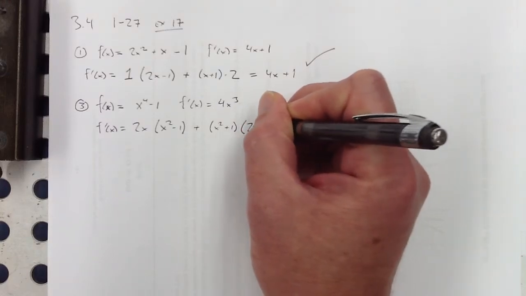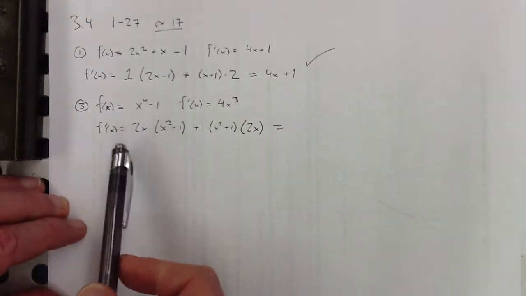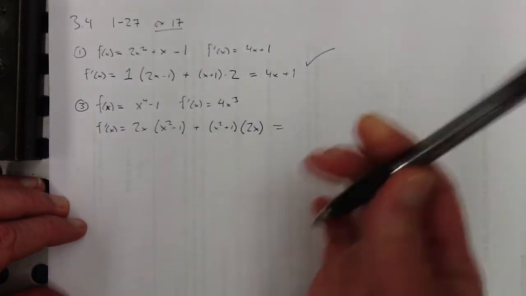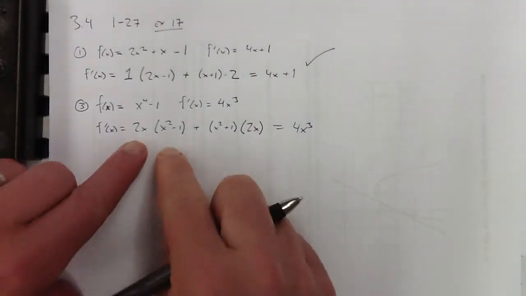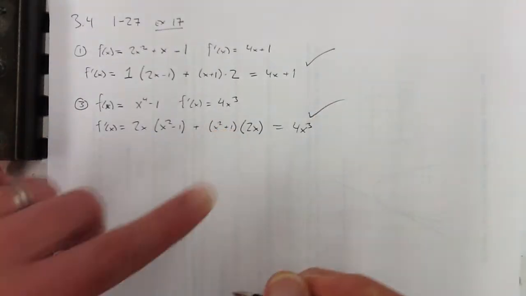I just take turns, right? And let's simplify that. So I got 2x cubed plus another 2x cubed. And then I've got minus 2x and a plus 2x, which cancel out, so all good.